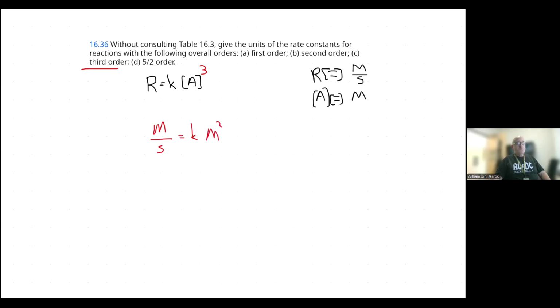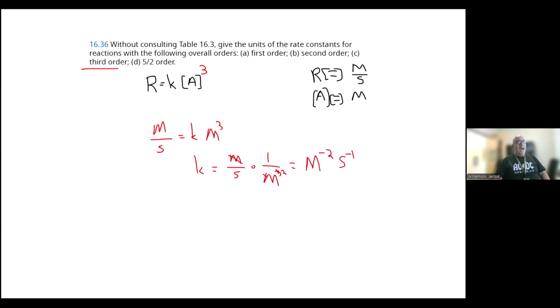K will be molarity per second times 1 over molarity cubed. This will cancel and make that molarity squared. We'll end up with molarity to the -2 seconds to the -1.